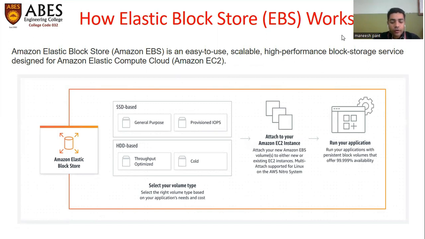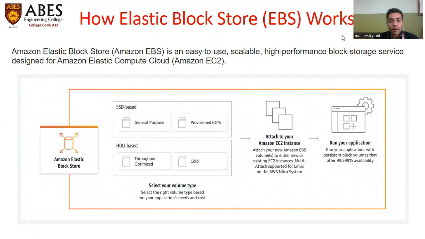Well, I will tell you very briefly. See, EBS is directly attached with the EC2 instance. What is EC2? EC2 is basically Elastic Compute Cloud. We can make it either a server or a computer. So EBS is by default directly attached with the EC2.